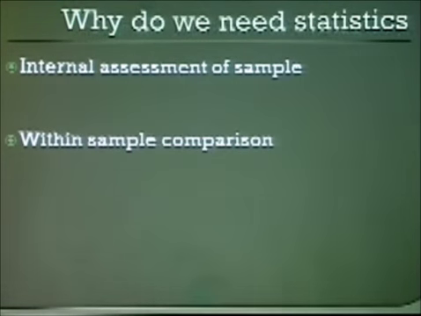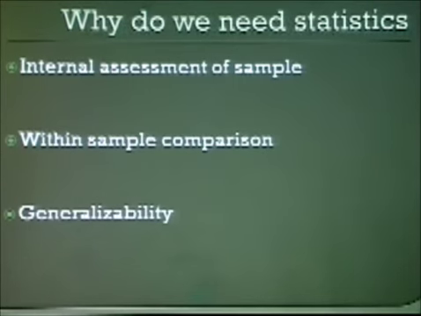We can divide our own data into subgroups and have comparisons between them. And third is generalizability, meaning how applicable the results are to the general population. See, when we start to do research, or thesis, or any kind of research, we are selecting a sample from the population. Okay?